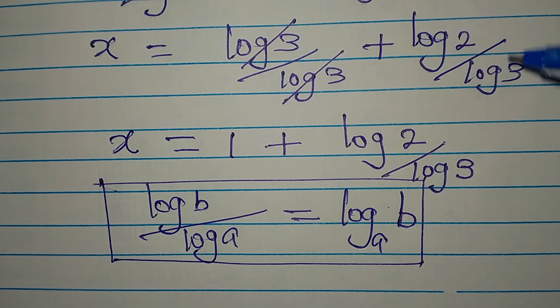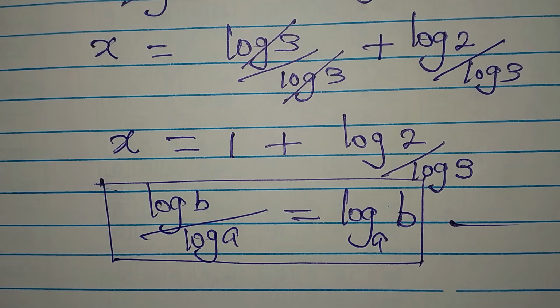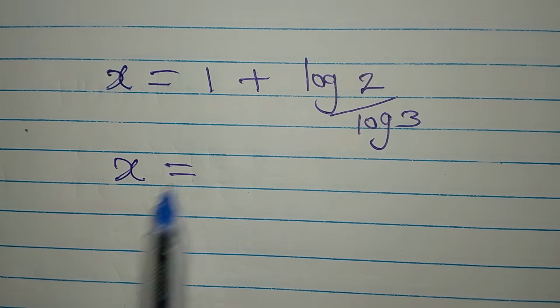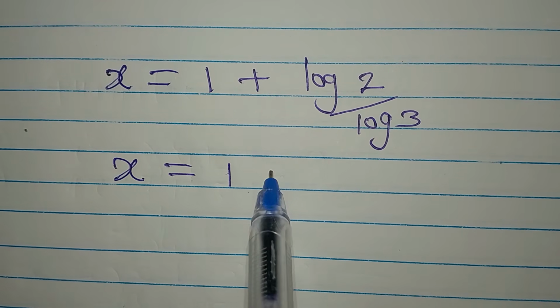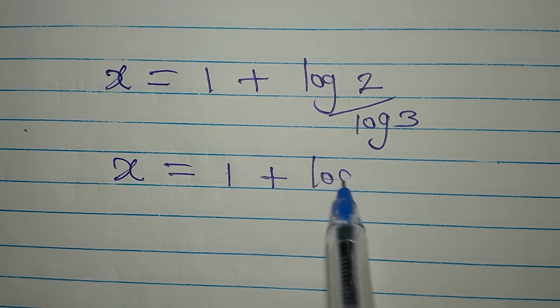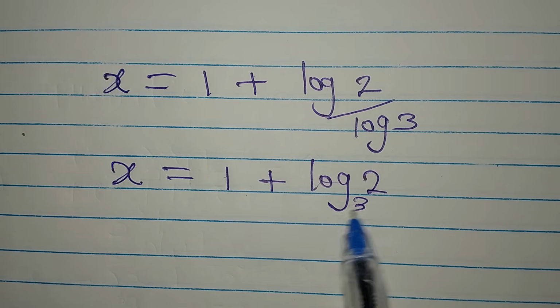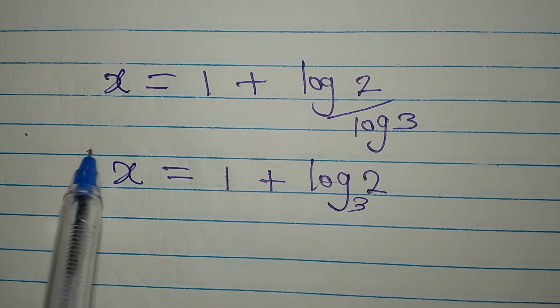So I'm going to apply the same thing to this, then I'll have it in this form. Let's go. Okay, so from here now we have x equal to 1 plus log 2 to the base of 3. So this is the value of x.